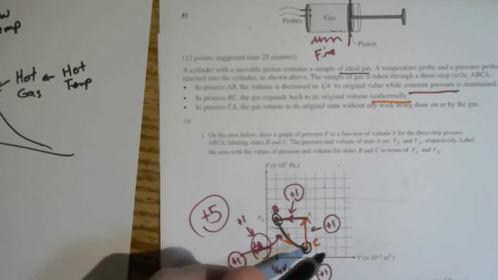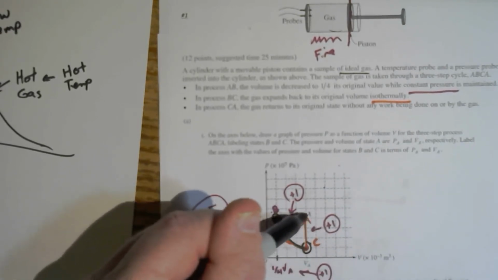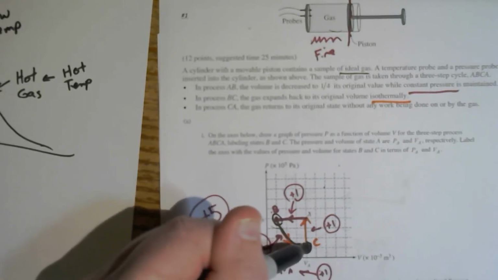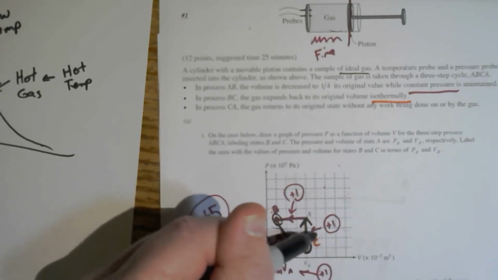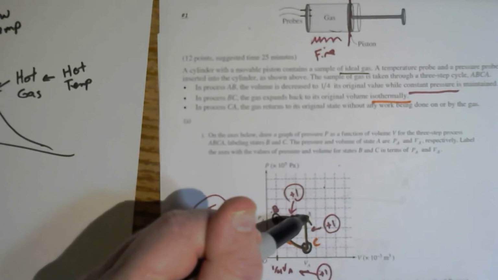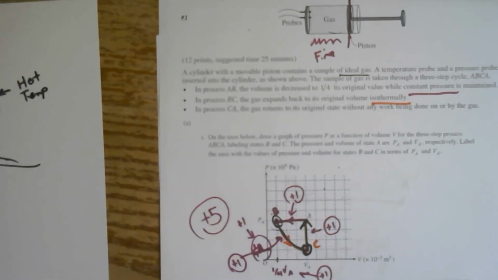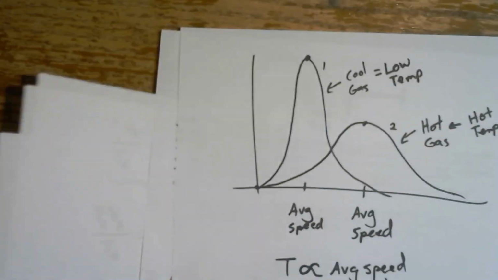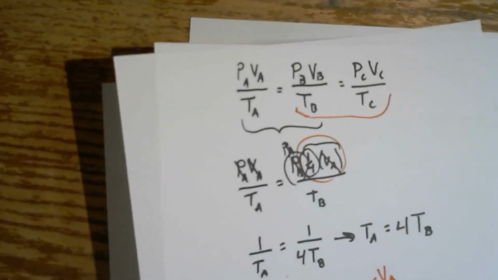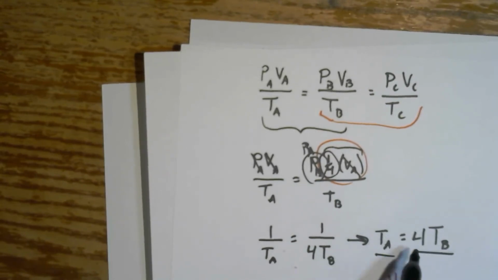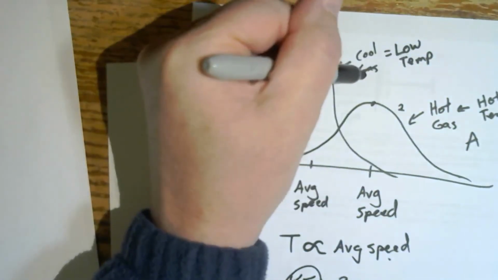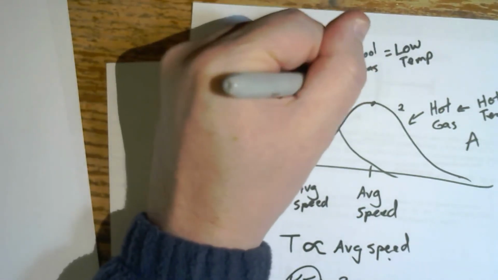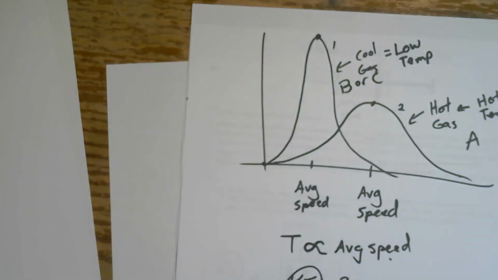Well, it has to be the case that the temperature at A is hotter, because if you remember, when we went over here to C and I added heat to it, I moved it up to state A. So I'm adding heat between C and A, so that means that the temperature of A is greater than the temperature of B and C. And you can even go back to our original formulas back here at the beginning, that the temperature of A is 4 times as hot as the temperature of B. So that means that this hot gas has to correspond to state A. The cool gases have to be either state B or C. They're the same temperature, you don't know which one it is.